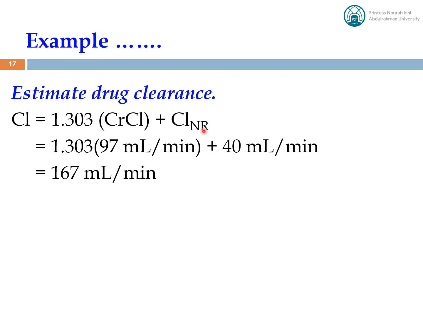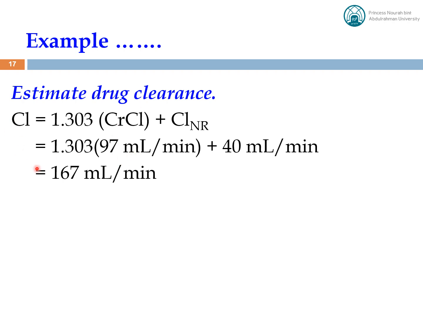Here the non-renal creatinine clearance is 40 milliliters per minute, and we have just calculated in the previous slides the creatinine clearance from the serum creatinine to be 97 milliliters per minute.